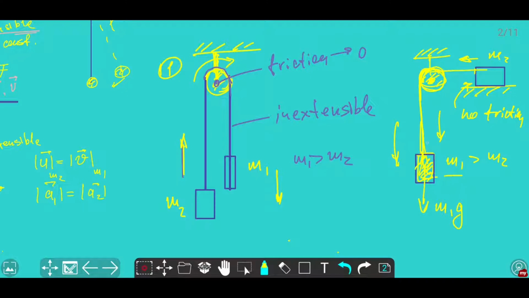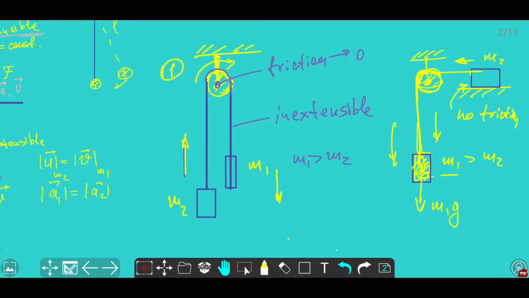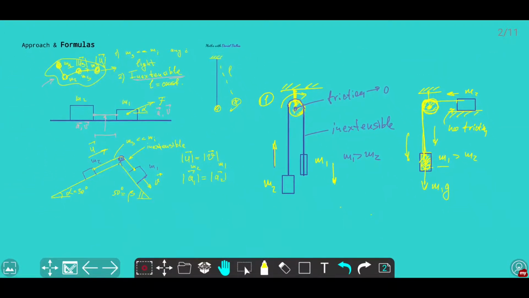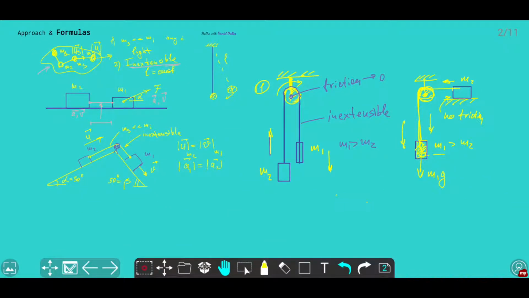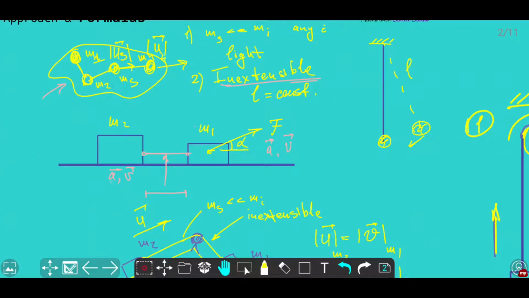All right, I think that's enough in terms of what connected particles are and in terms of the approach. So I may say only that, for example, in case 1, we have two objects m2 and m1, they are connected by the string, and you apply some force to the first body. Sometimes it's very helpful to consider those two objects as one single object with a mass m1 plus m2.